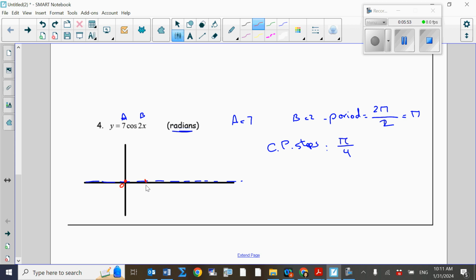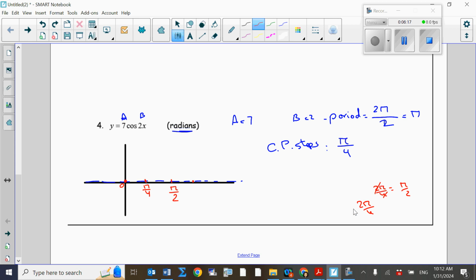Next one is at pi over 4. Next one will be pi over 4 plus another pi over 4. So that's going to be 2 pi over 4, which you can simplify as pi over 2. So here's another critical point at pi over 2. And next is, again, 2 pi over 4.